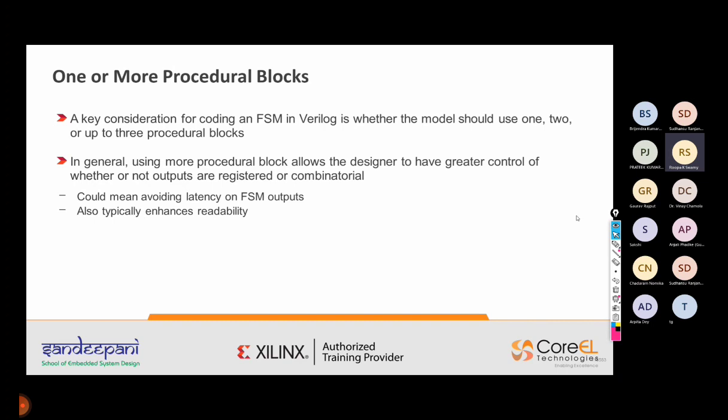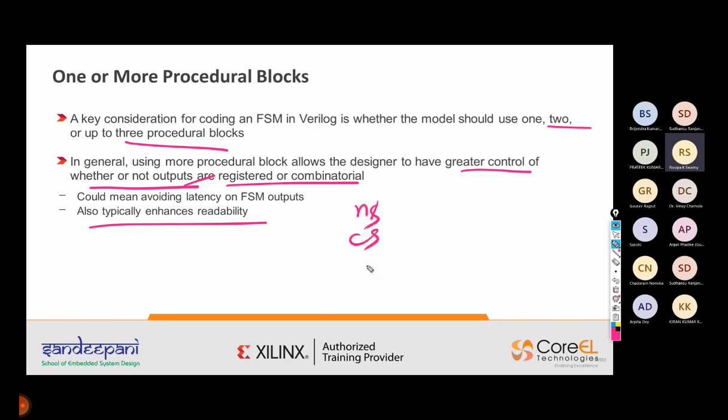But Xilinx recommends having 2 or 3 procedural blocks so that we have great control over how the output is defined, whether I want the output to be registered or combinational. When I have a separate always block defining the output logic, I have more control. Also, in terms of readability of the code, it's much more convenient when we have 2 or 3 procedural blocks, each designed for next state, current state and output.